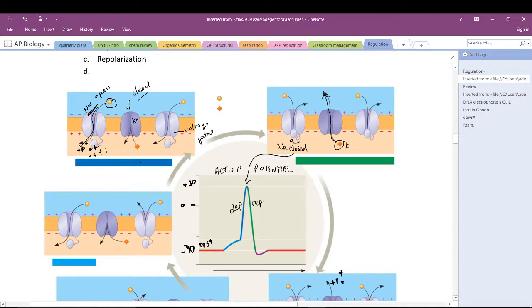And notice the direction of the graph. In repolarization, it's going back to negative. Well, if you have positive ions that are leaving, that means the negatively charged ions are taking over in terms of the accounting. So now it's dipping back into the negative. Whereas in the depolarization, it's going up because we're getting more positively charged ions coming in.